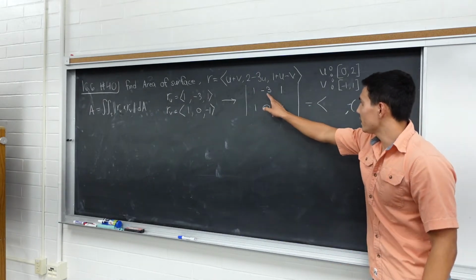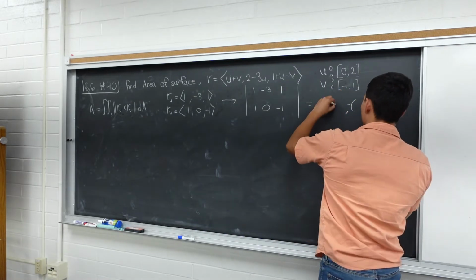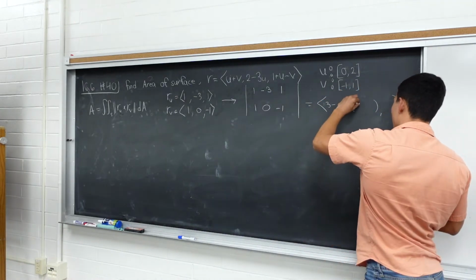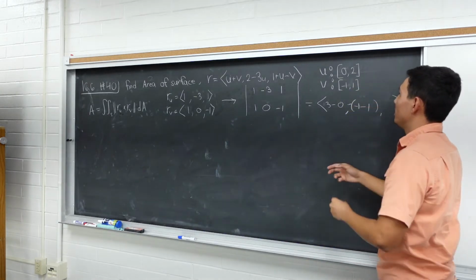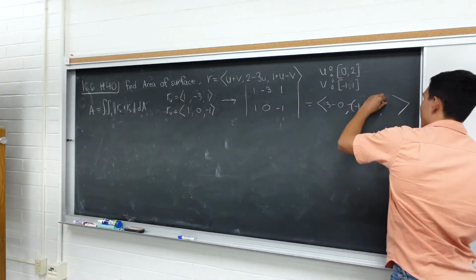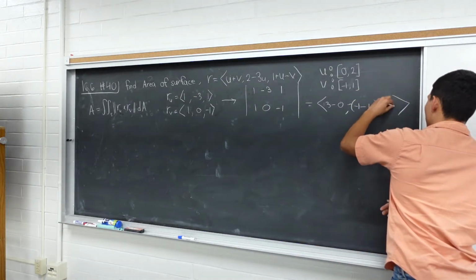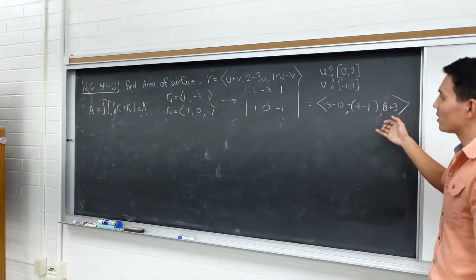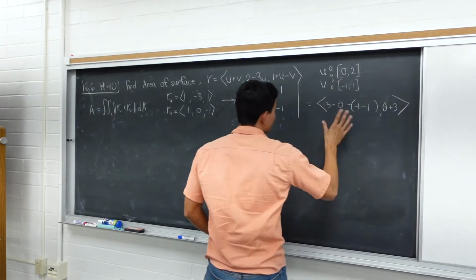Negative 3 times negative 1 is 3. 1 times 0 is 0. 1 times negative 1 is negative 1. 1 times 1 is 1. And then 1 times 0 is 0, and negative 3 times 1 is negative 3. Remember, these negatives in here come from the fact that it's a cross product, and that's how it works.